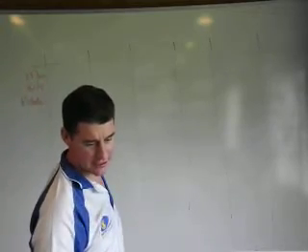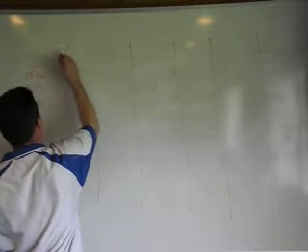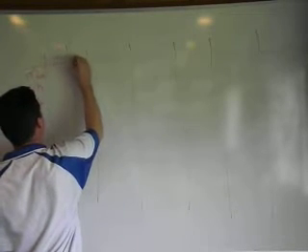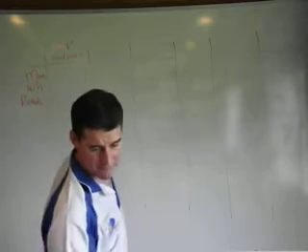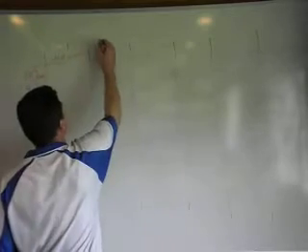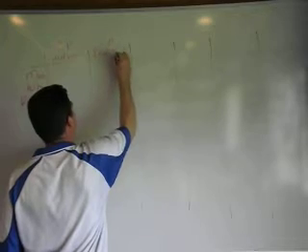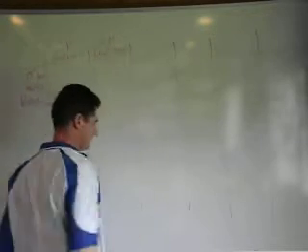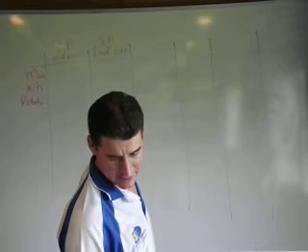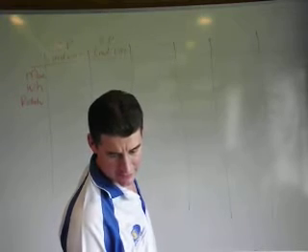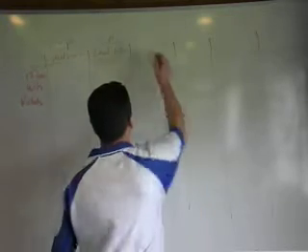Then we've got the cost price, the cost price including VAT. Then we've got the selling price including VAT. Then we've got the gross profit.